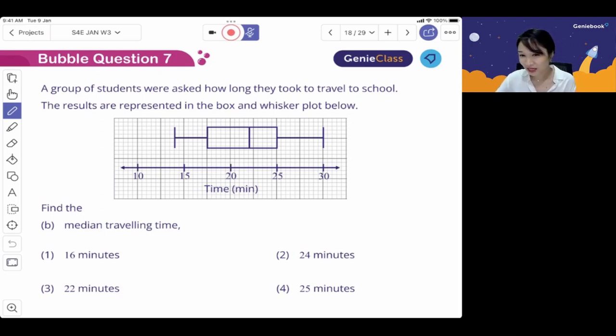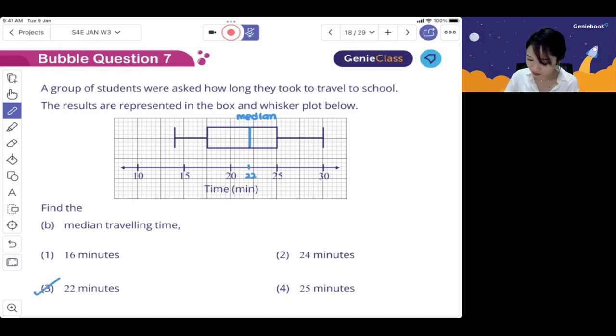Very good, very well done. The median is represented by that center line in our box. The median line is always found inside your box. So this value over here will be 21, 22 minutes.